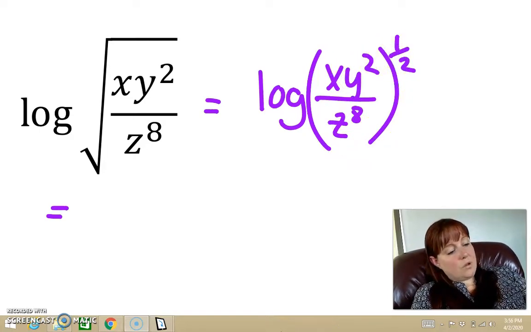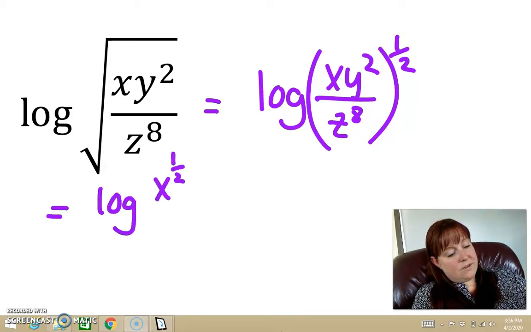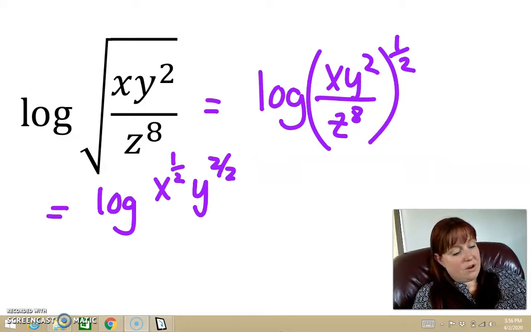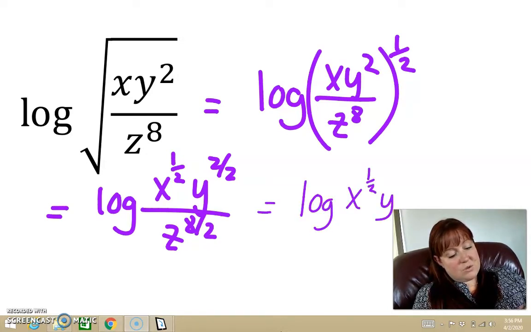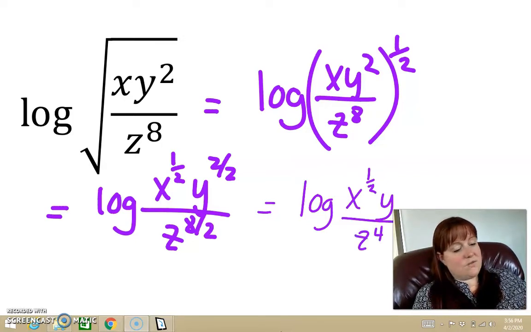So we have log of x to the 1/2, y to the 2/2, because remember I multiply them together, over z to the 8/2. And so then let's simplify that. So that's log of x to the 1/2 stays the same, but then y is just y, right? And then this is z to the 4th, because 8 divided by 2 is 4.